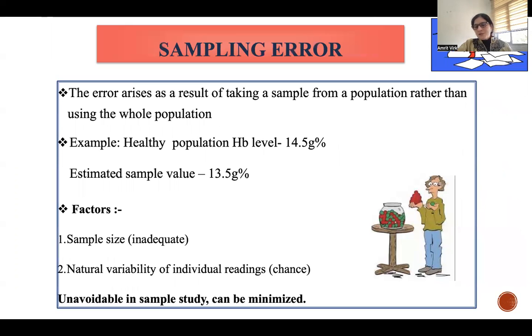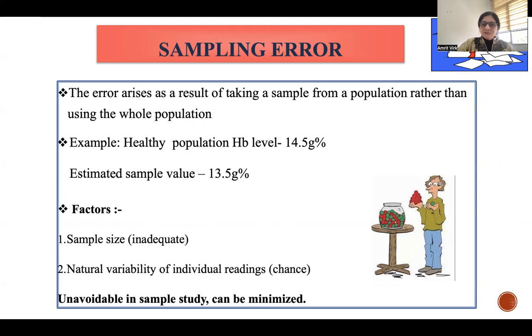Now, coming towards the end of this session, we also need to understand what sampling error is. Sampling error arises because we are taking a sample of the population and not studying the entire population. So it is expected that there is bound to be some difference between the results obtained if the study were done on the entire population, as against taking a sample out of it.